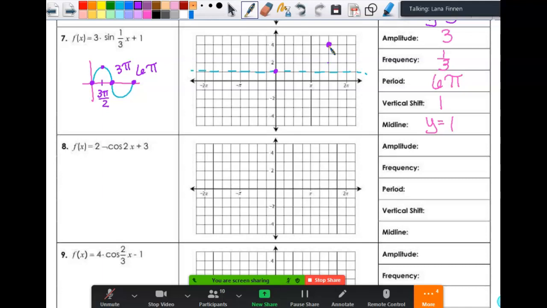And I can only get 2 of those 5 points on the right because it's so stretched out. But that's enough because I know that if this is coming like this, then it's going to go down here, and then so halfway between over here at negative 3 pi halves, from the midline, I would go down 1, 2, 3. And then that's the best I can do, and it's just a really stretched out graph. Okay.